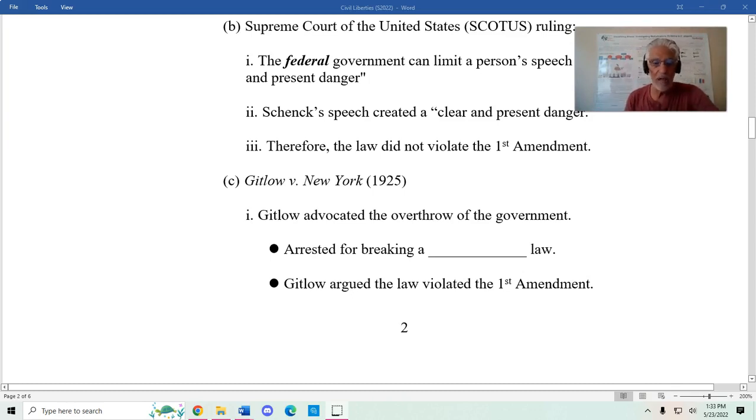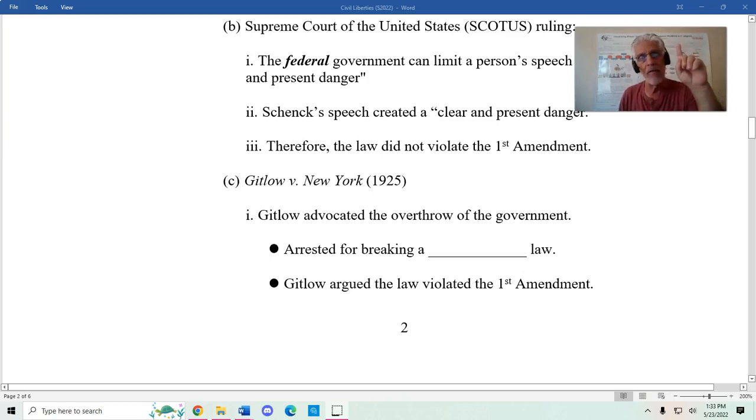Well, in this particular case, what Gillow argued is that the law violated the First Amendment. The First Amendment protected his freedom of speech, and that if he wants to advocate the overthrow of the government, the First Amendment protects that right. He's making the same argument that was made in Shank versus the United States, but now he's making a novel argument.